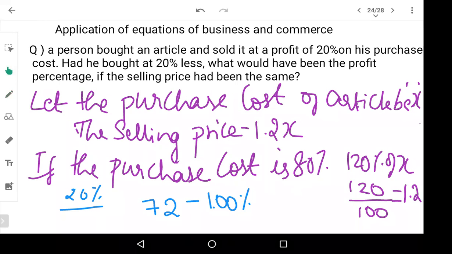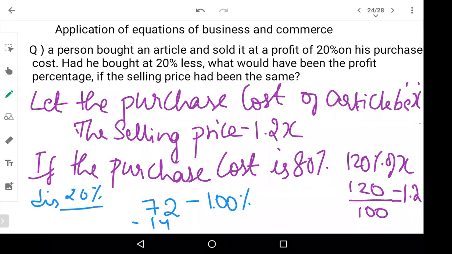Okay, so if he had got 20% discount on 72 rupees, if he had got 14 rupees less, his cost would have been 58 rupees.